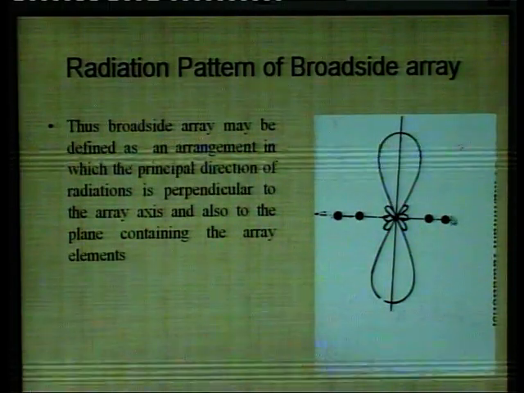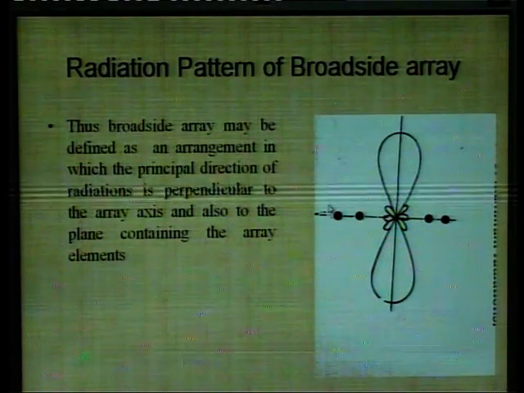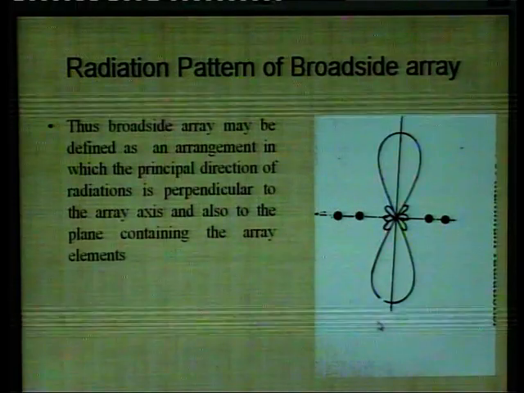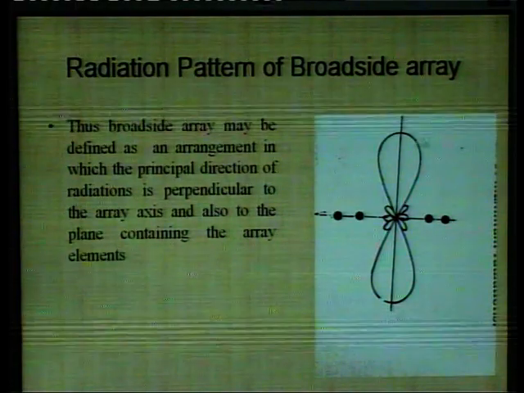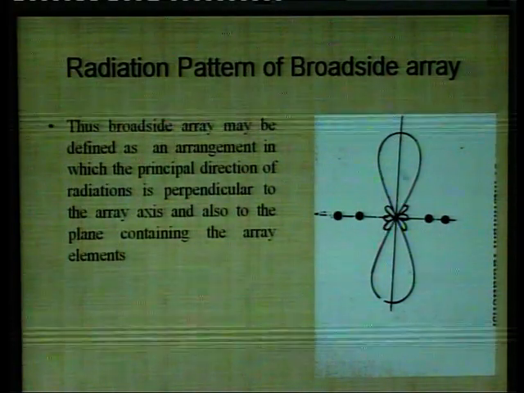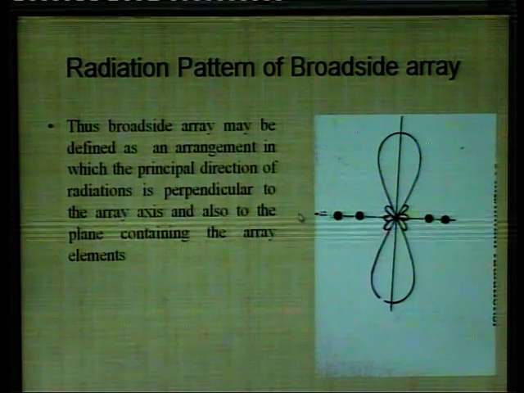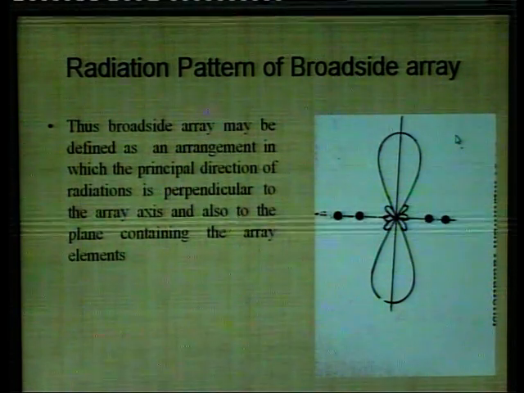In a broadside array, this principal axis and the array axis are perpendicular to each other, and also perpendicular to the plane containing the antennas.